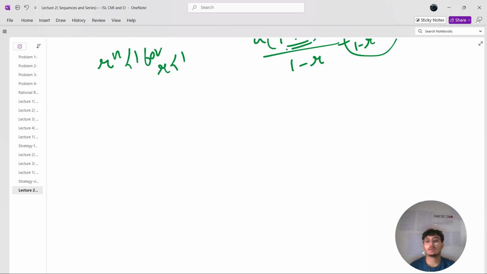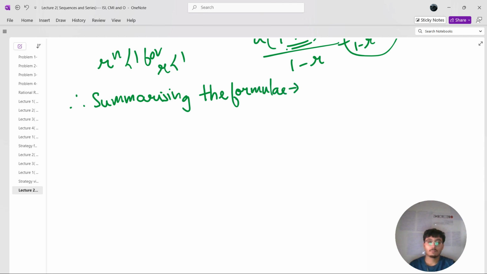So if I'm summarizing the formulae, number one is Tn, or my nth term, which is basically a r to the power n minus 1.